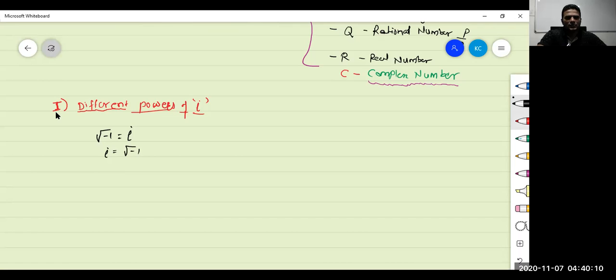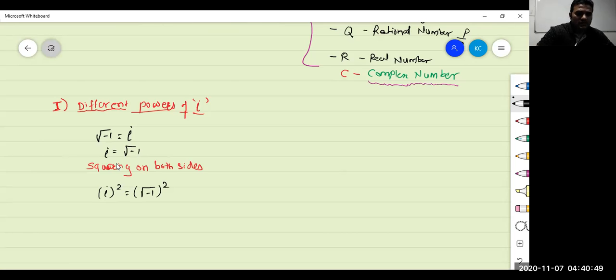If you take squaring on both sides, what will happen? i square, and the square of root of -1.